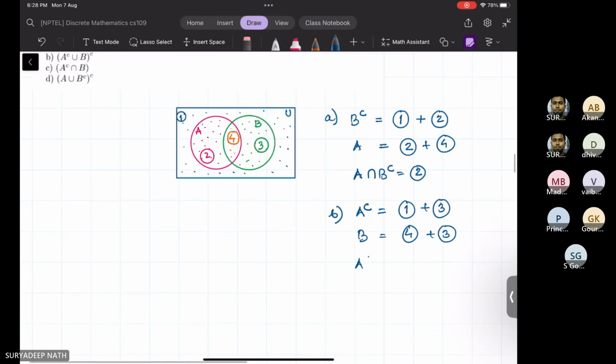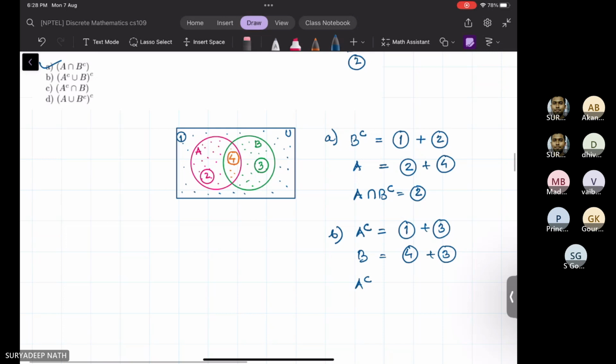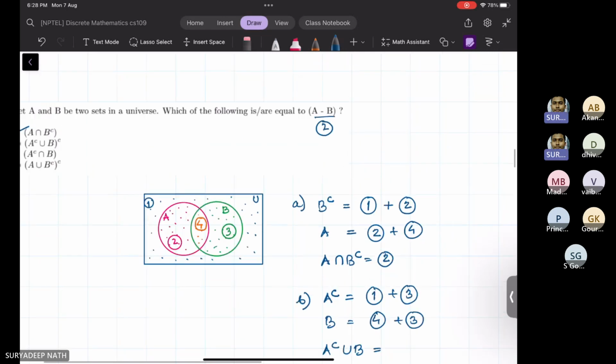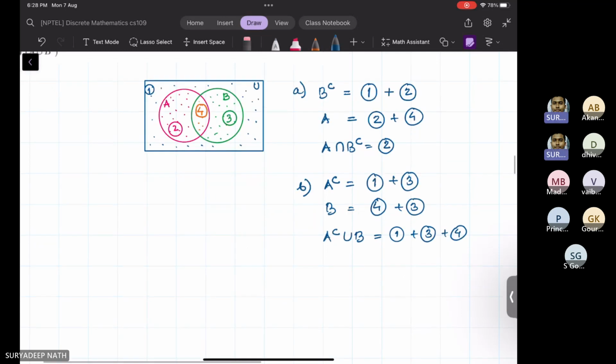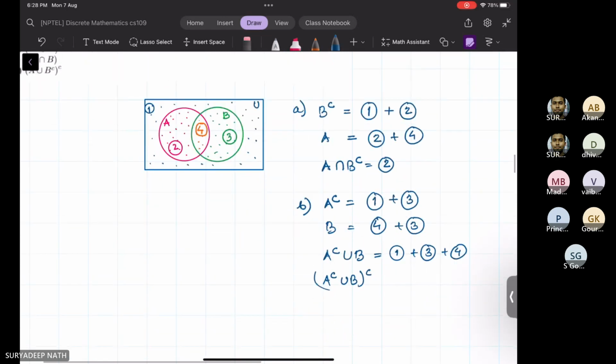So A complement union B would basically be 1 plus 3 plus 4, and the whole complement of it would be, so we are left with only region 2.